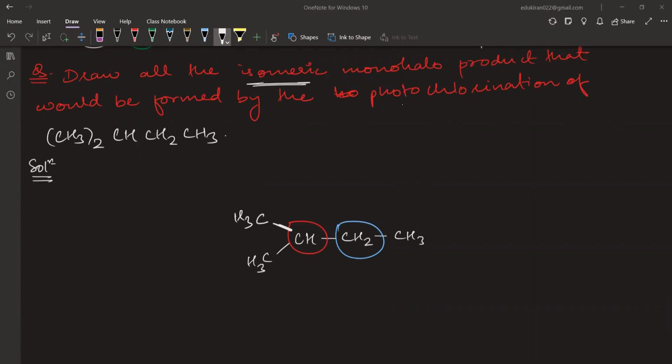Khalid, you have to tell me: are these two carbons same or different? बताइए. These carbons are same. And what about these two carbons? Wait a second. Are they same or different?